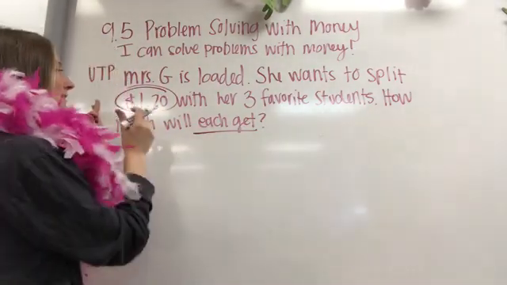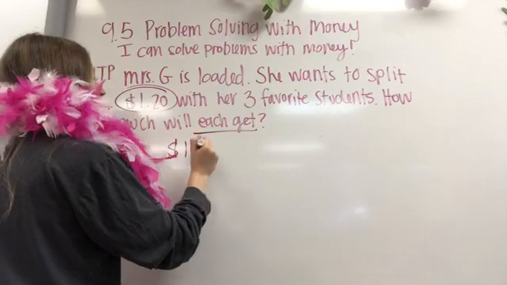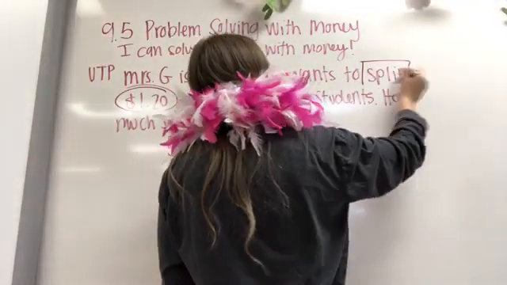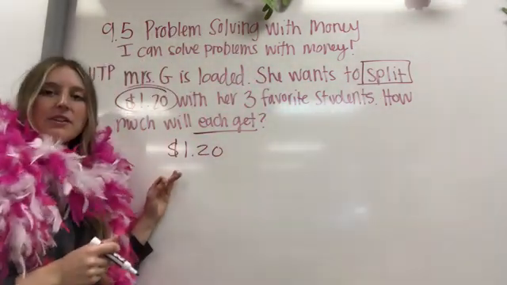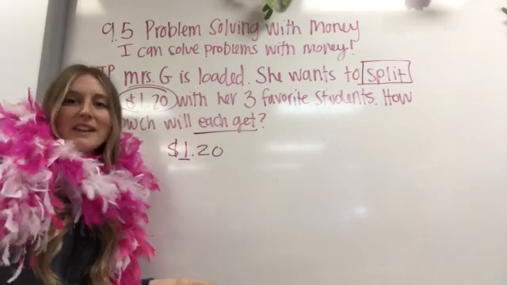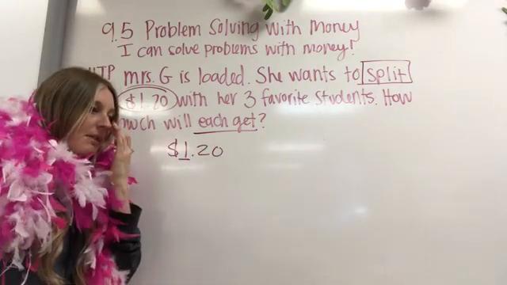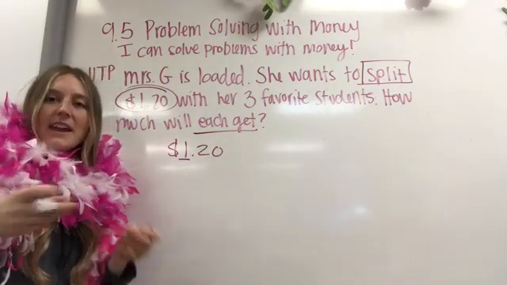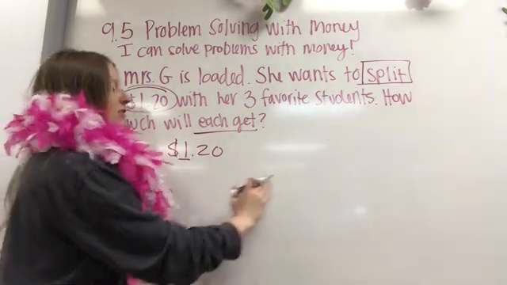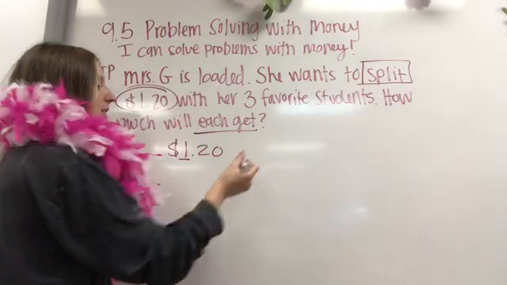Okay, so we want to take this $1.20 and split it evenly with 3 people. So first I want you to notice, we have $1 here. We can't split $1 evenly, right? Well, we can, but we can't rip $1 into 3. So if this was more than $3, we could give each student $1, but we can't.